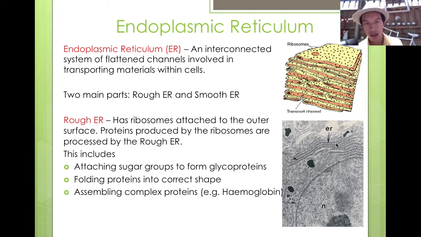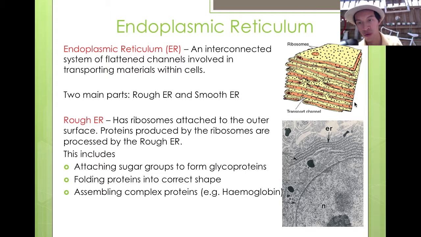Now the ER is divided into two components: rough ER and smooth ER, and I'm going to explain the functions of both. Rough ER is called rough because the texture of it is rough, because it contains ribosomes on the outer surface. These little dots here are the ribosomes that are attached to the ER.